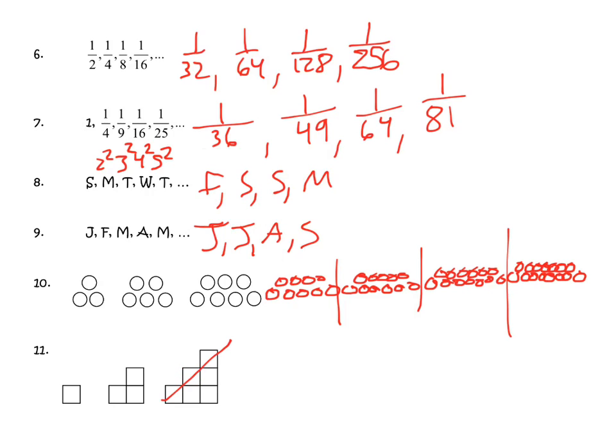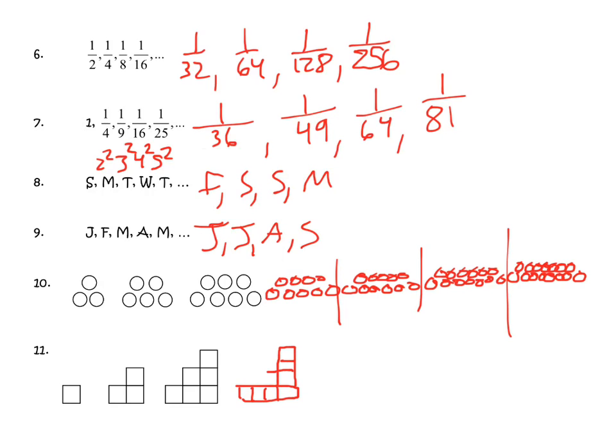So it's looking like we're more like adding a diagonal row of boxes. So if we were to take this and add a diagonal row of boxes, and having that one there, we'd be looking at one that was 4 long this way.